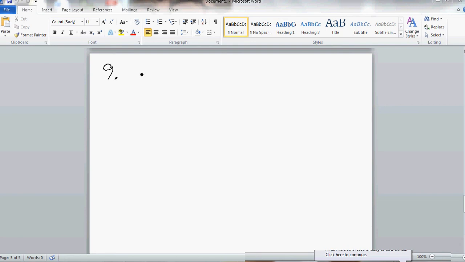Okay, now the question becomes, we are asked to find what is the 998th derivative of the sine of x. Now here we just need to do a little bit of thinking. What's the derivative of the sine of x, the first derivative?